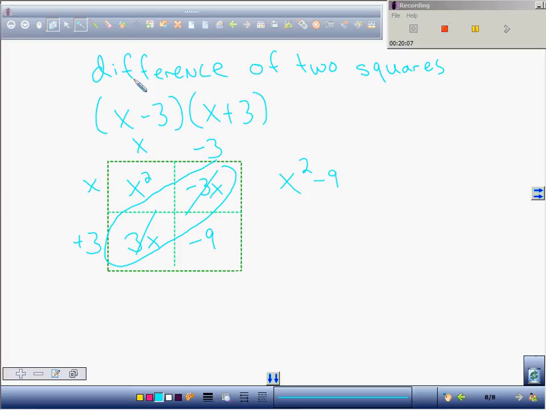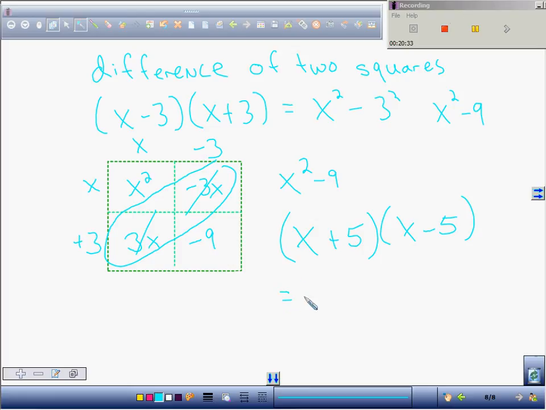So what's nice, this is a really nice one, because whenever you have the difference of two squares, I could have just gone x squared minus 3 squared, which is x squared minus 9. Okay? So for example, real quick, say I had x plus 5 times x minus 5. You could do this in your head.